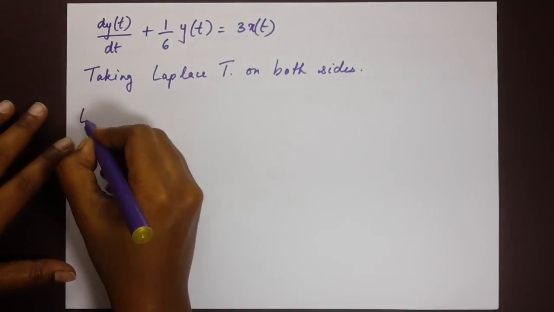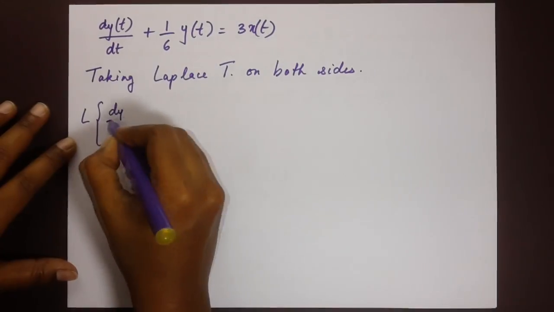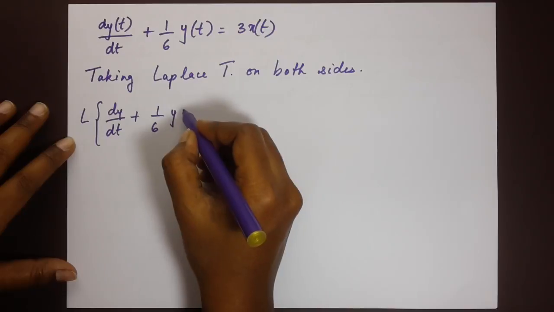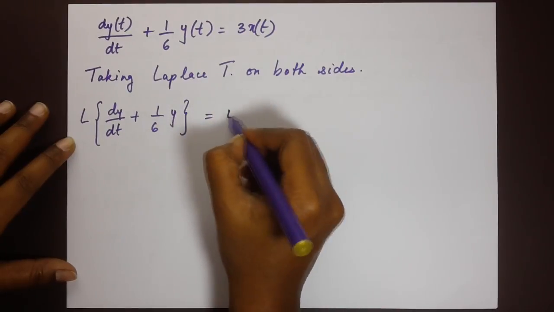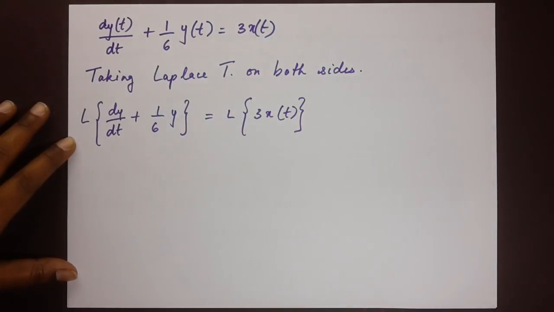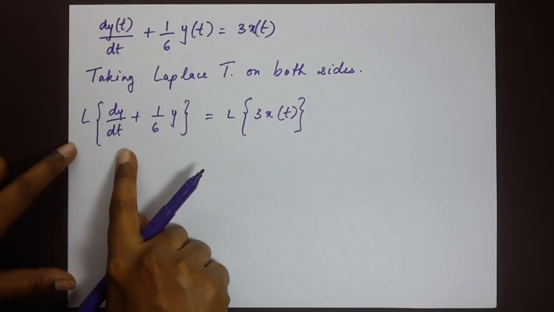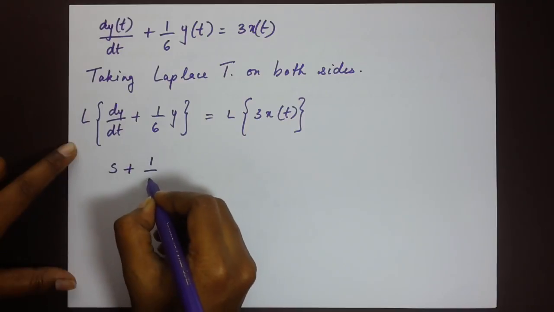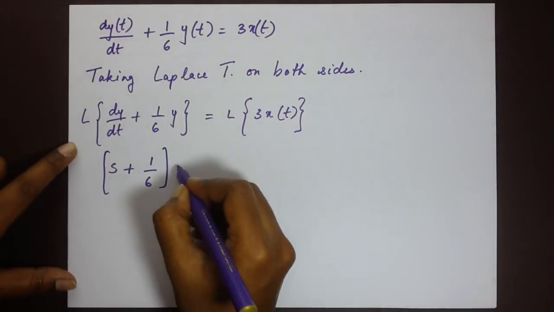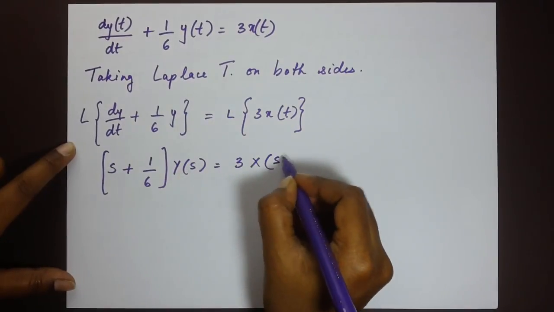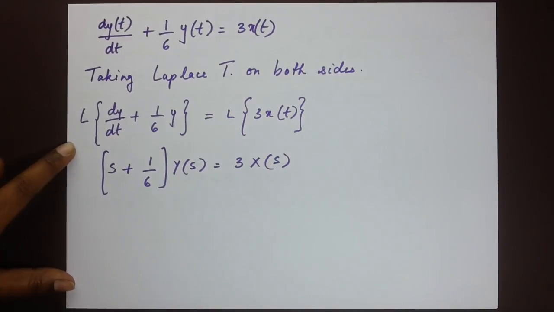Taking Laplace transforms on both sides, we write that as L of dy/dt + (1/6) y = L of 3x(t). When we apply the Laplace transforms here, we can write this as (s + 1/6) times Y(s) = 3X(s).